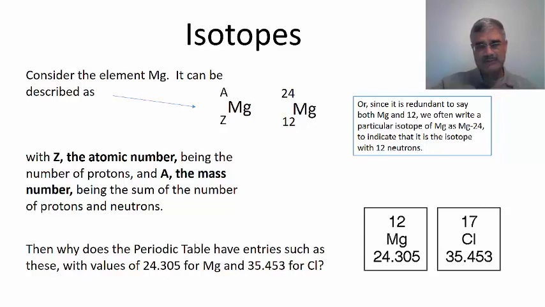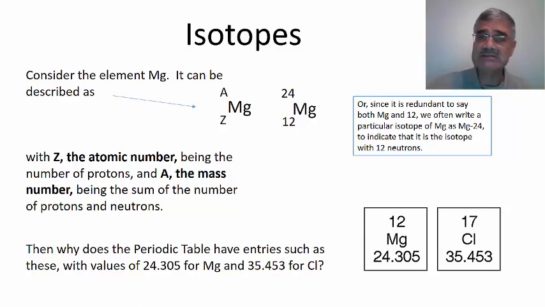Sometimes we put the 12 at the top and sometimes at the bottom. Don't let that bother you. But my point is, why do we have 24.305 by magnesium? And likewise for chlorine. Chlorine has 17 protons. But why do we have the mass number of 35.453? My point is, why is this not a whole number? Why is it something in between?